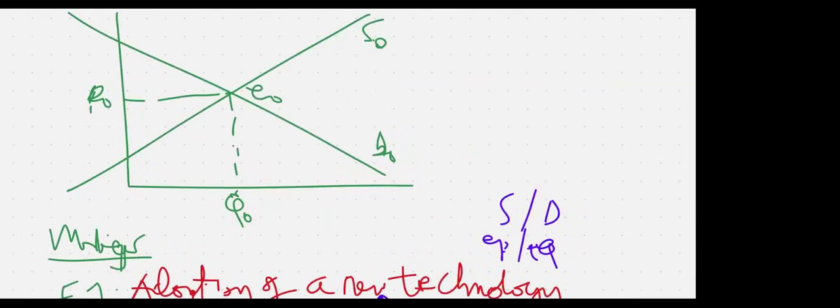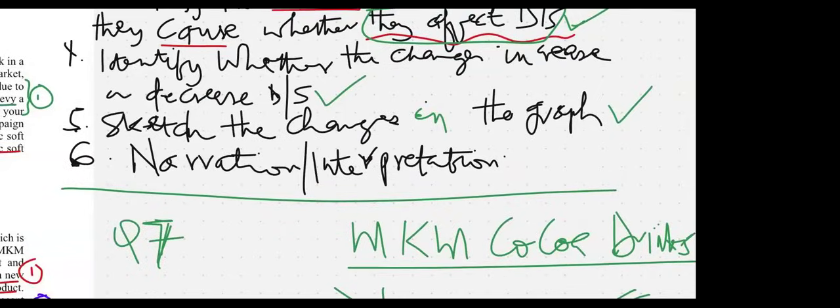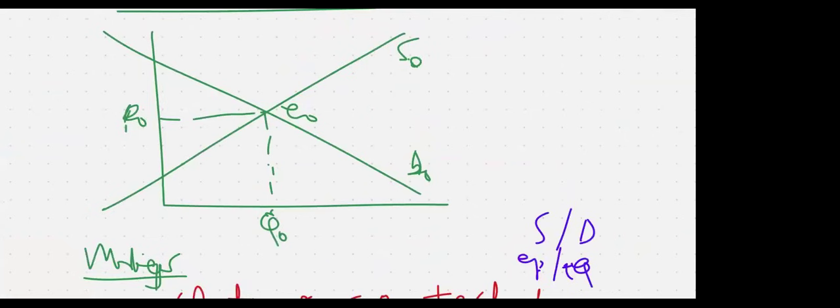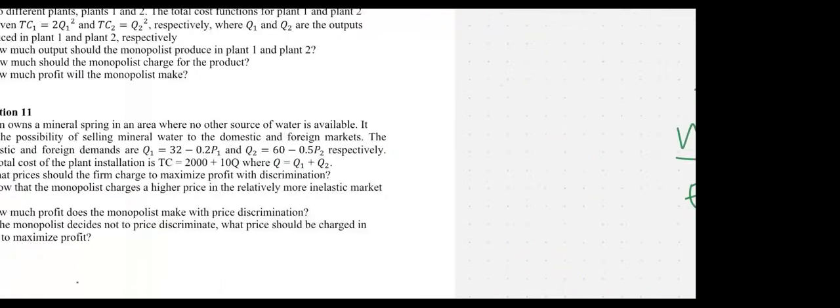Let's move on. Now we are having number 5. Let's sketch the changes on the graph. So this is the graph. But here, look at the difference between this and the first one. Here, you see in the first one, the last sentence said that of the two events, one of them has a greater impact than the other.